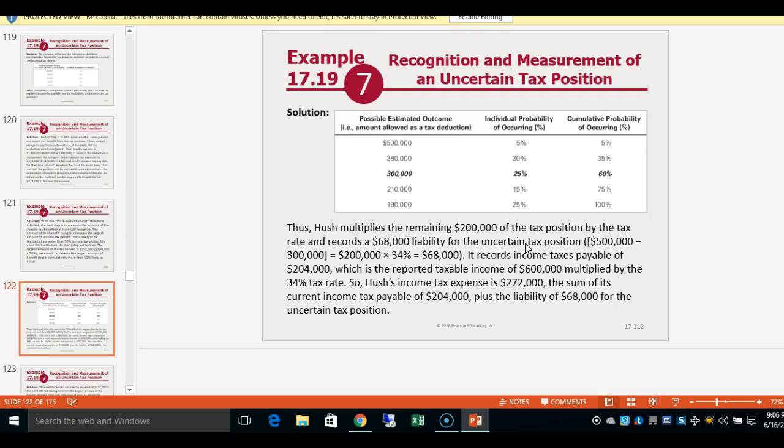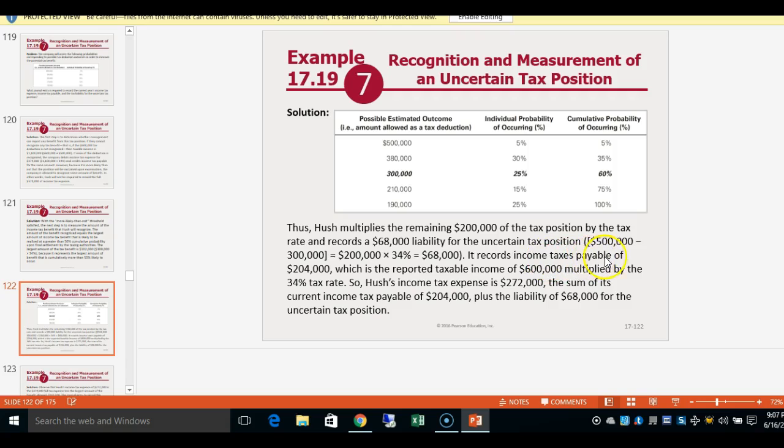Hush multiplies the remaining $200,000, which is the $500,000 deduction minus the $300,000 of the tax position, by the tax rate, and records a $68,000 liability for uncertain tax position. So we create a liability. The $500,000 minus $300,000 equals 200,000 times 34% equals 68,000.